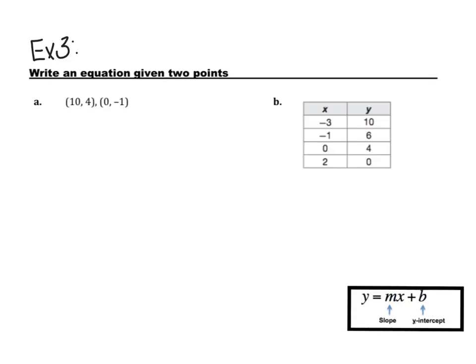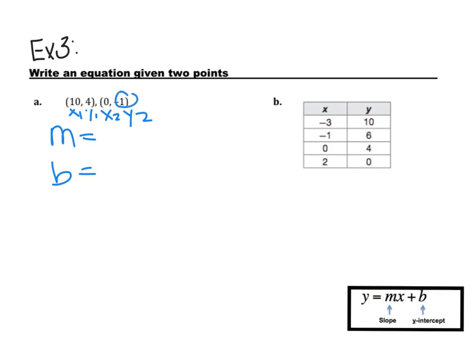All right, so in example number 3, we're going to write an equation given 2 points. Remember, you always need two things to write an equation. You need the slope and you need the y-intercept. So let's find the slope. Remember, slope is y2 minus y1 all over x2 minus x1. So I'm going to label x1, y1, x2, y2.